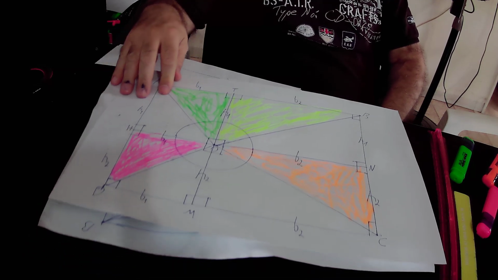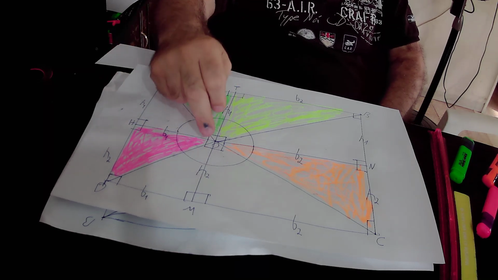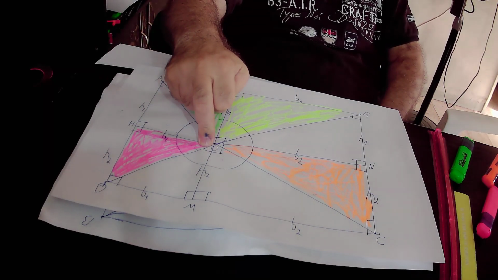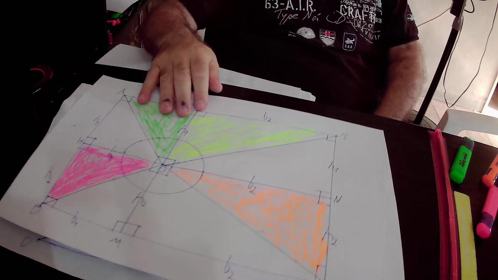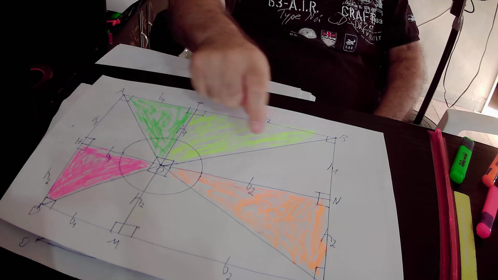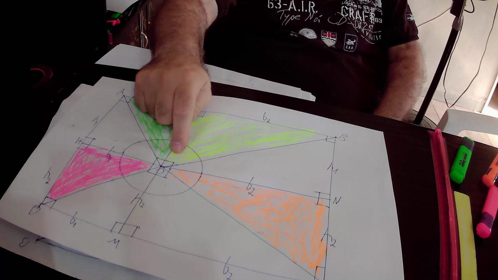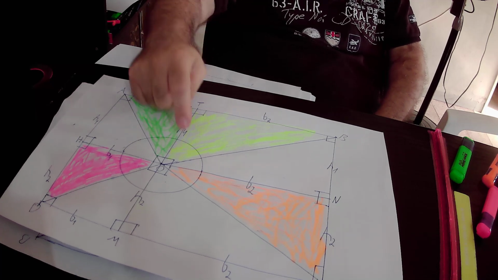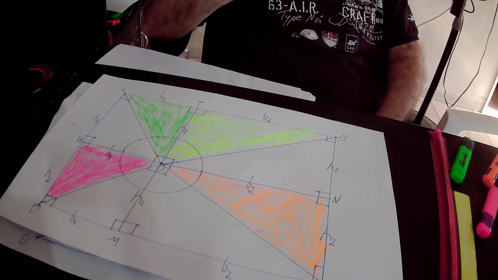Likewise, in quadrilateral EODM, we have 1, 2, 3 right angles, therefore the fourth angle must equal 90 degrees, therefore quadrilateral EODM is a rectangle. Likewise, in quadrilateral TBON, we have 1, 2, 3 right angles, therefore the fourth angle must also equal 90 degrees, therefore quadrilateral TBON is a rectangle.